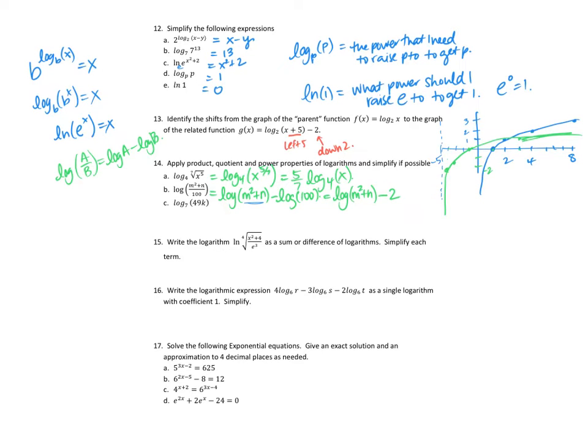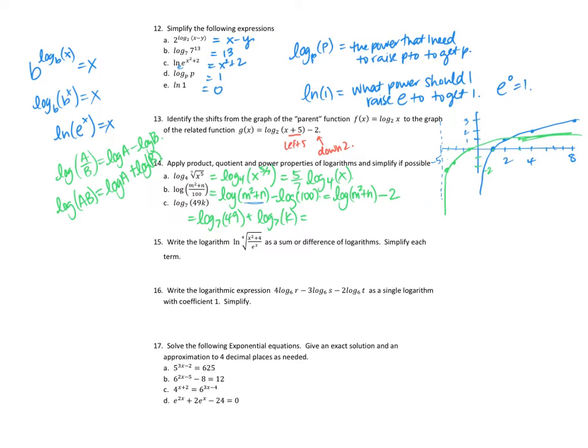And this one says log base 7 of 49k. Well, I know that if I have a product inside the log, it comes out as addition. And so that gives me log base 7 of 49 plus log base 7 of k.